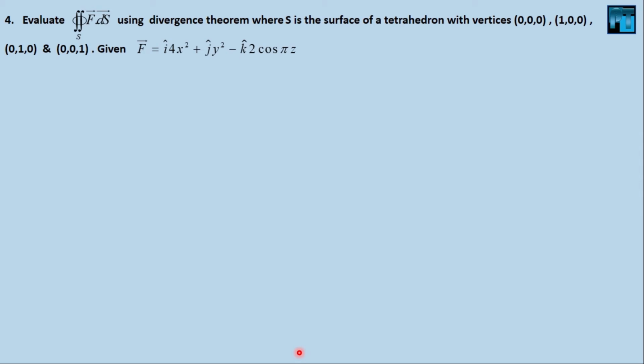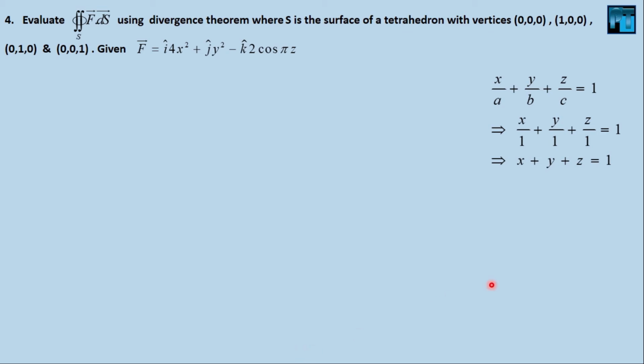Evaluate the surface integral using divergence theorem, where S is given as the tetrahedron with vertices given like 0, 0, 0, 1, 0, 0, 0, 1, 0 and 0, 0, 1, and F is also given. Now this is the equation of the tetrahedron. Actually A, B, C are also given.